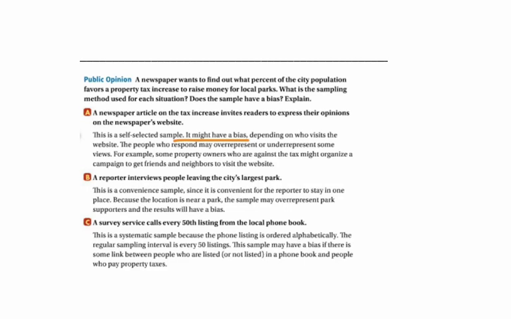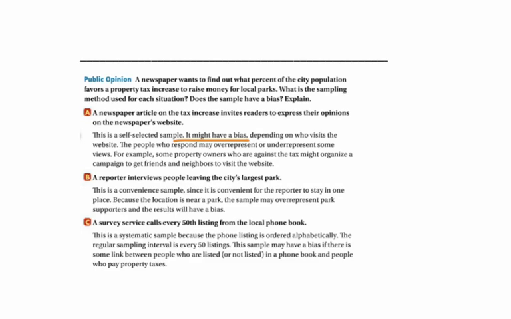For example, some property owners who are against the tax might organize a campaign to get friends and neighbors to visit the website. So because it is voluntary, if there are people that feel very, very strongly against the tax increase, then they can coordinate a response, get the news out and say, hey, everybody, go here and vote this way. And that's going to skew your results.